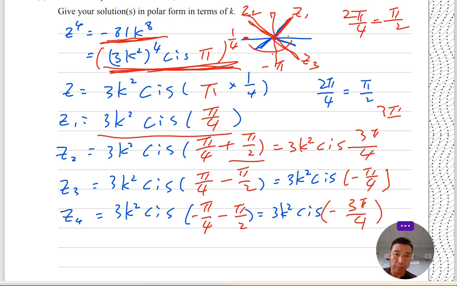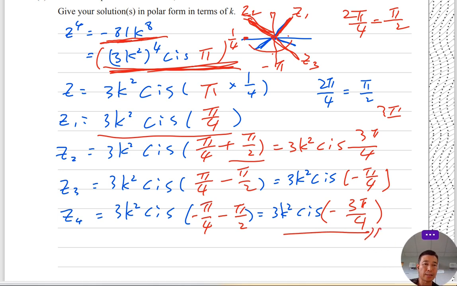So pi over 4 plus pi over 2 gives me 3 pi over 4, the second, Z2. And then Z3, you take away pi over 2, gives me 3k squared CIS minus pi over 4. And then finally, you take away pi over 2 again, gives me 3k squared CIS minus 3 pi over 4 as the last answer.